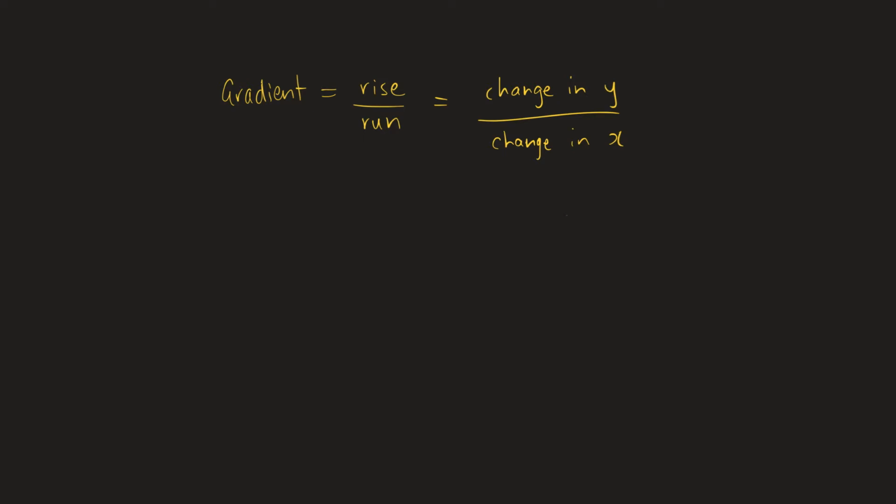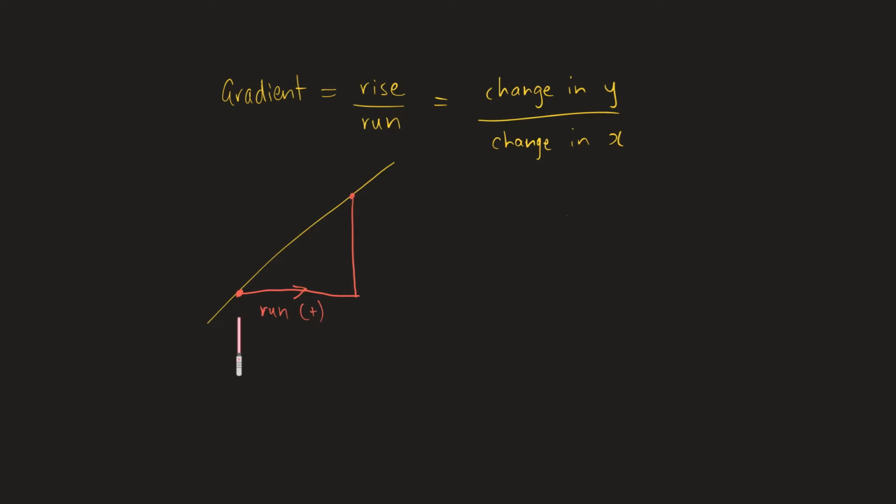So say I have a line that runs like this. I'm going to pick 2 points and draw a triangle between those 2 points. So going to the right from this point here, that's my run, and it's going in a positive direction.